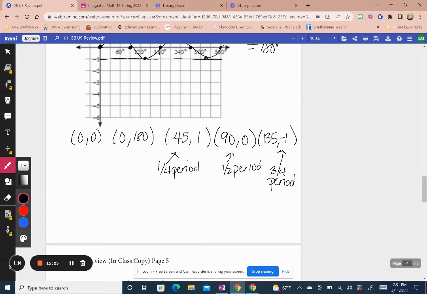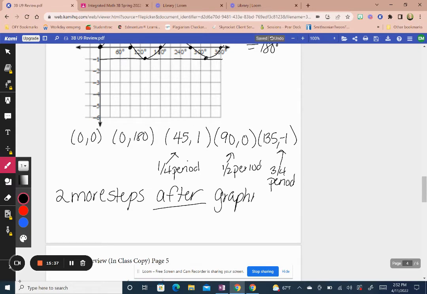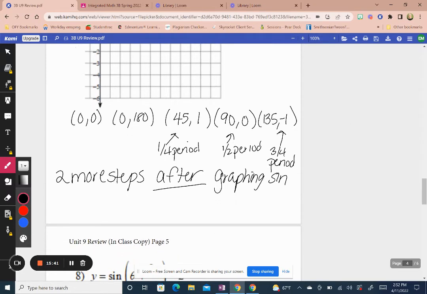So we have 2 more steps after graphing our sine. Okay. The first step is to create asymptotes.